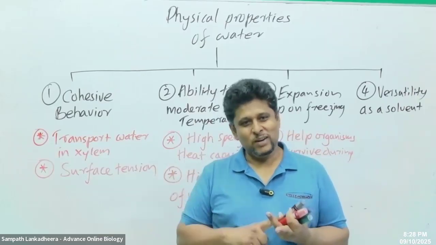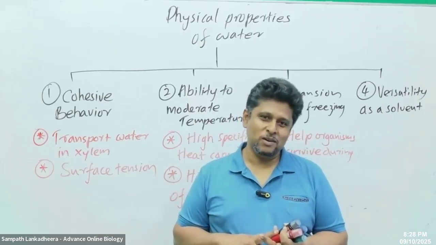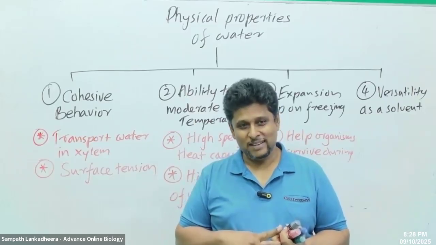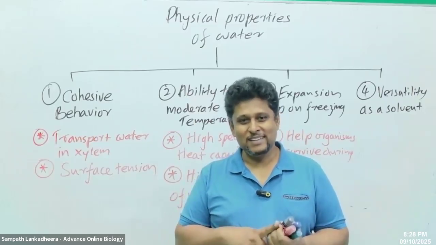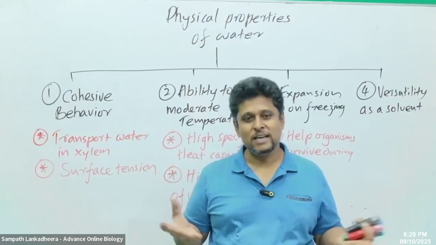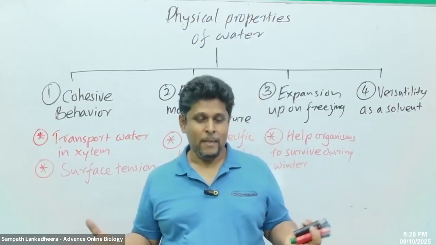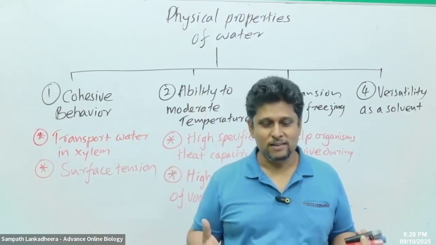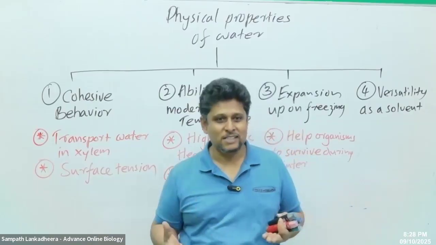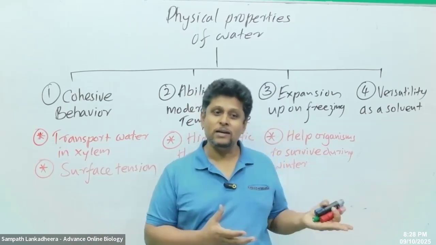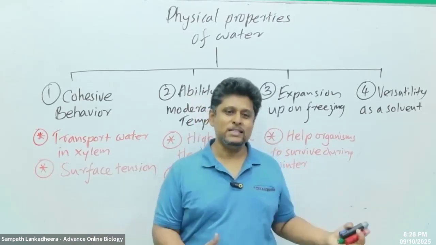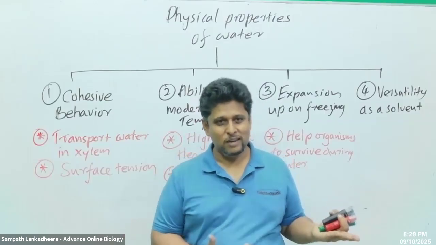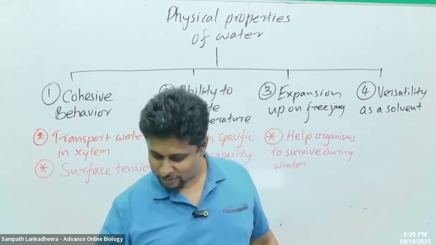Organic compounds can dissolve in water, and ionic compounds can dissolve in water. Inorganic materials can dissolve in water. So it's a nice solvent, right? Polar and ionic compounds can dissolve in water. All right. So that's an advantage. So it's good as a solvent. And therefore, so many materials can be transported in water in dissolved form. So that's important, right, for life.